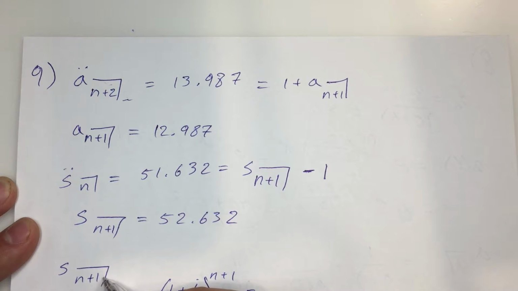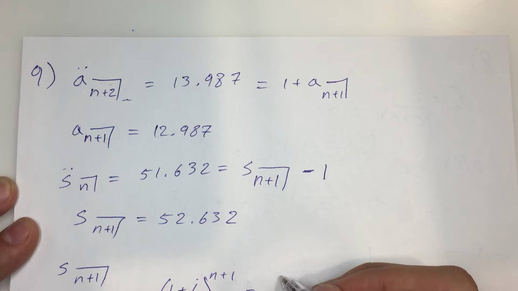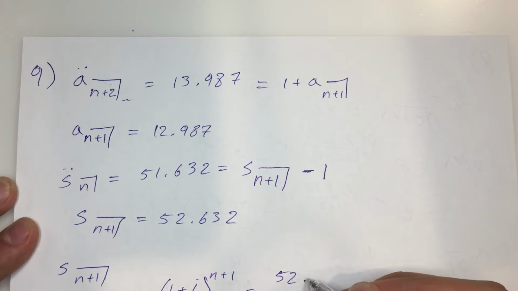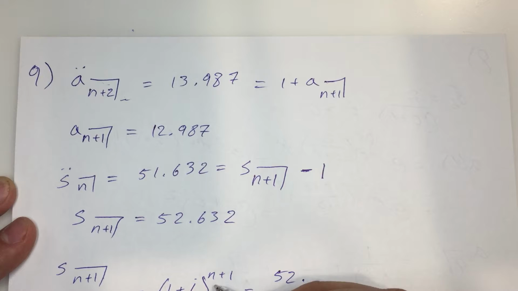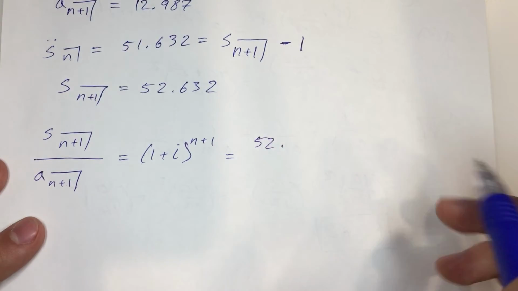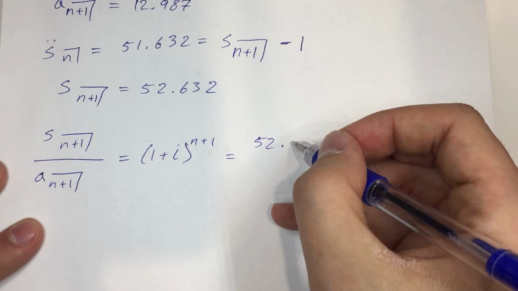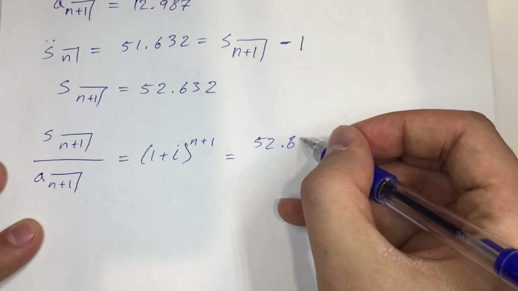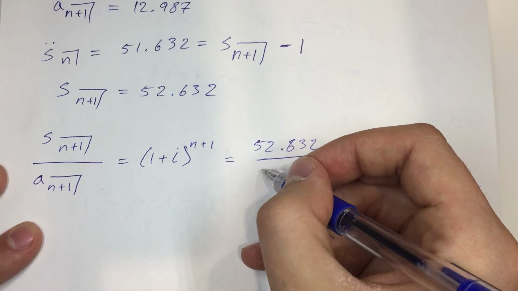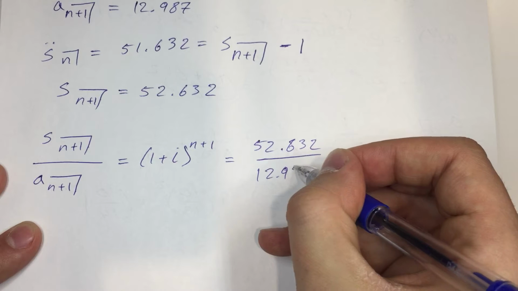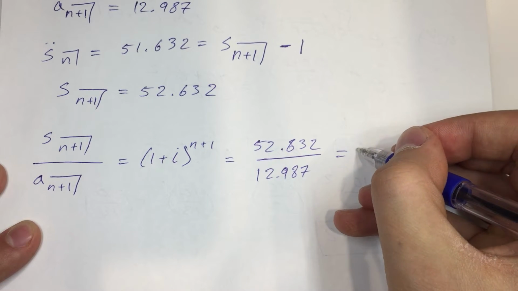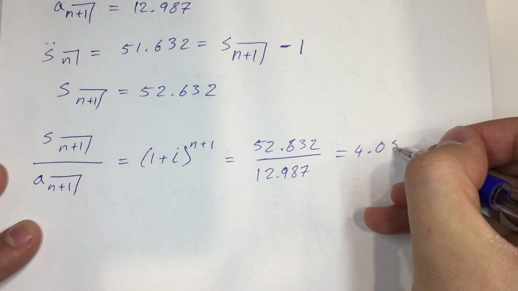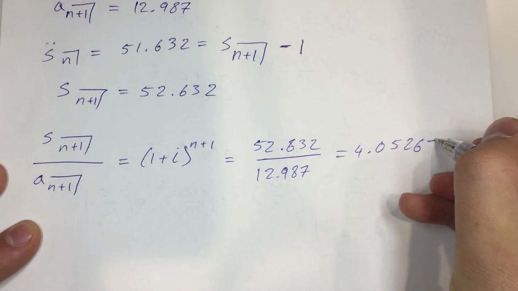And because we know the value of S angle and the value of A angle, we can figure out what 1 plus i to the power of n plus 1 is. We figure out that it is 4.05267.